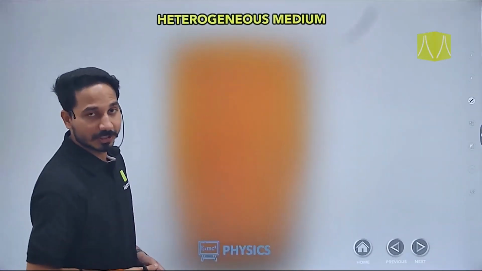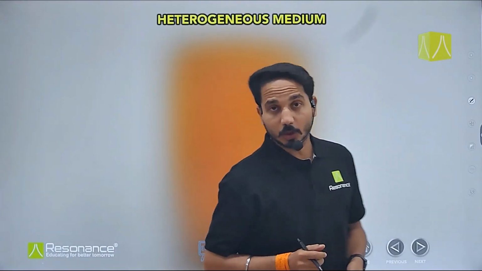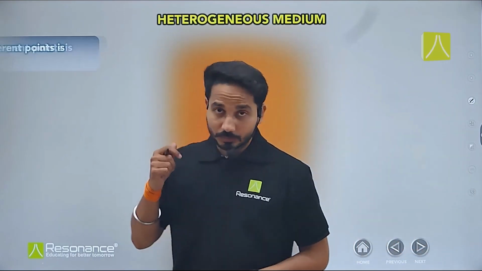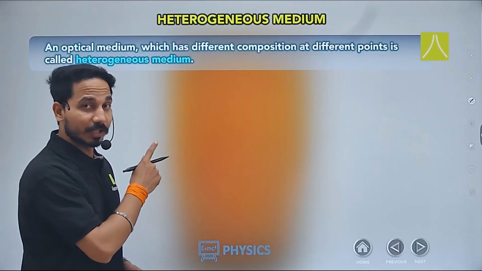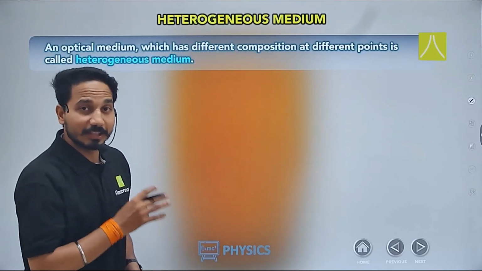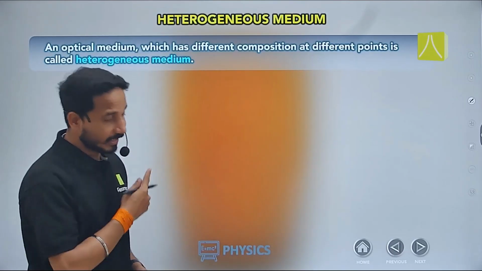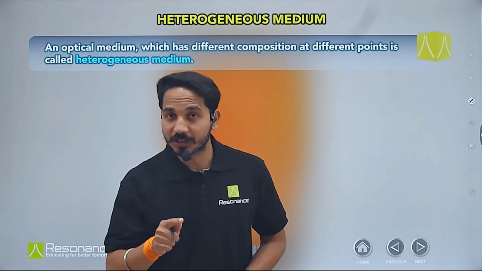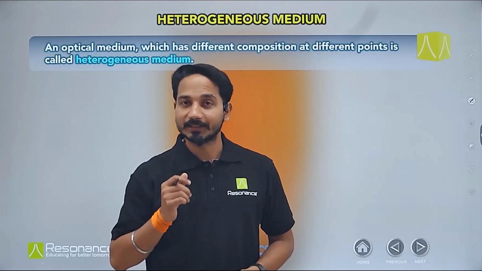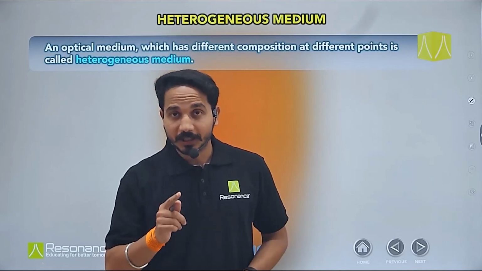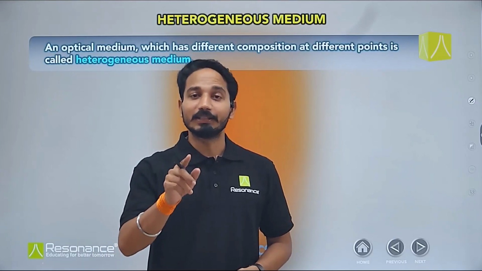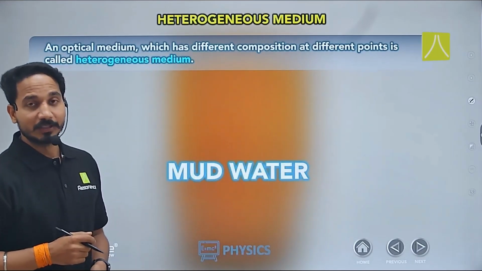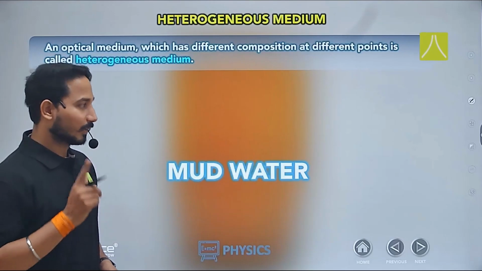These are homogeneous media. Now we are going to discuss heterogeneous medium. In a heterogeneous medium, the compositions are not the same, they are different at different points, right? We can define it as an optical medium which has different composition at different points. For example, muddy water.